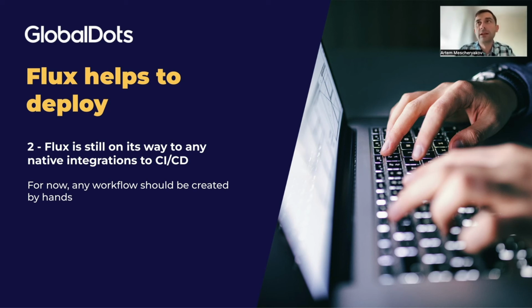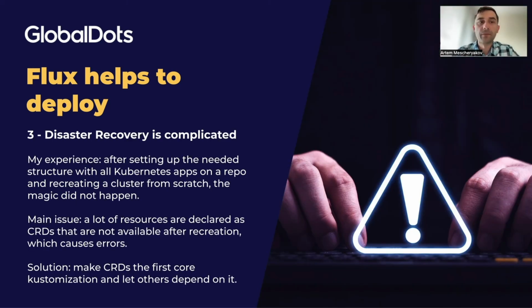I don't think it's a big drawback because it gives you the possibility to build a workflow which you want and which is applicable to your project. But of course, there are a lot of things around it, like error reporting, rollbacks, and all that stuff, that are better done natively than manually.